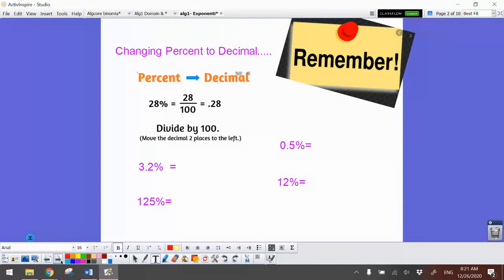So let's start by just refreshing ourselves on how to change a percent to a decimal, because when we're working on exponential functions, they give us numbers in percents, okay? And we actually need them as decimals. One of the things I want to throw out there is exponential functions are probably one of the most commonly seen or used functions other than linears in the real world.